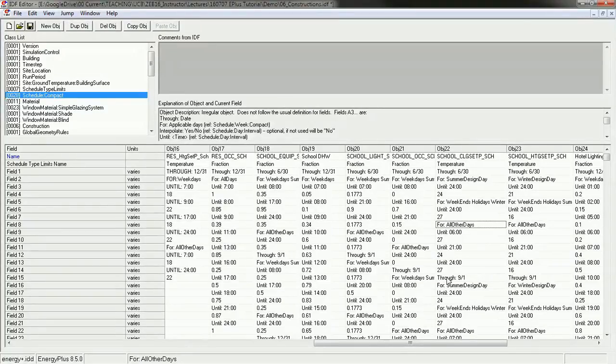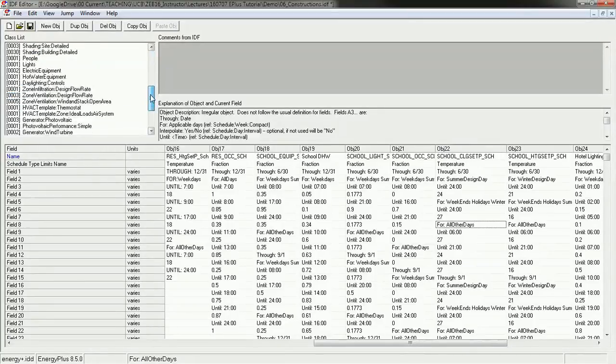Now, in fact, in Worcester Hall, we've got no cooling. And so one option would be to get rid of this, but because of the system that we're using, something called an ideal loads air system, to handle all of the heating and cooling. And what this means is that, in fact, let me go back and show you what this means.